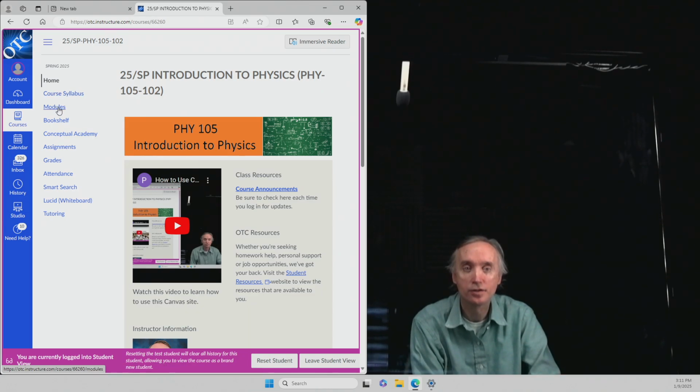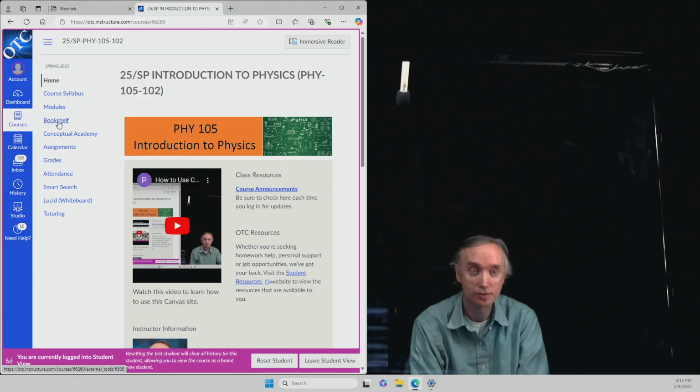Let me skip the modules for the moment, and then down here is the bookshelf where you will find your textbook. So it's Conceptual Physics by Paul Hewitt, and there's an electronic version of it that you can look at. You also have a shortcut to Conceptual Academy, and that's where all of your homework is going to be located.